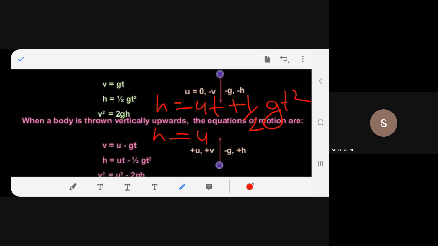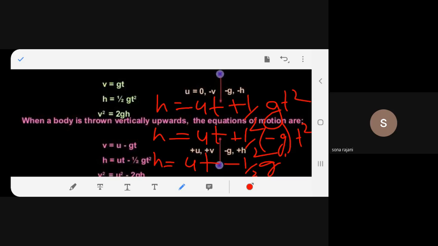H is equal to ut remains ut plus half g becomes minus because it is going up. T square remains t square. So the equation becomes ut minus half gt square. This is the second equation that we get.